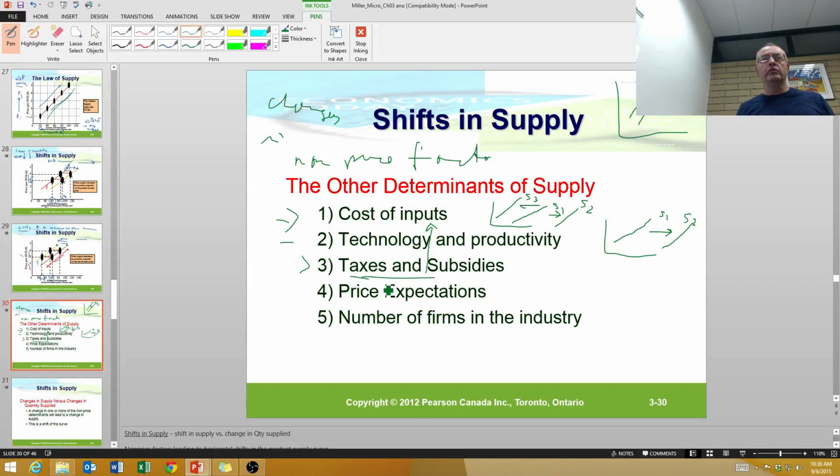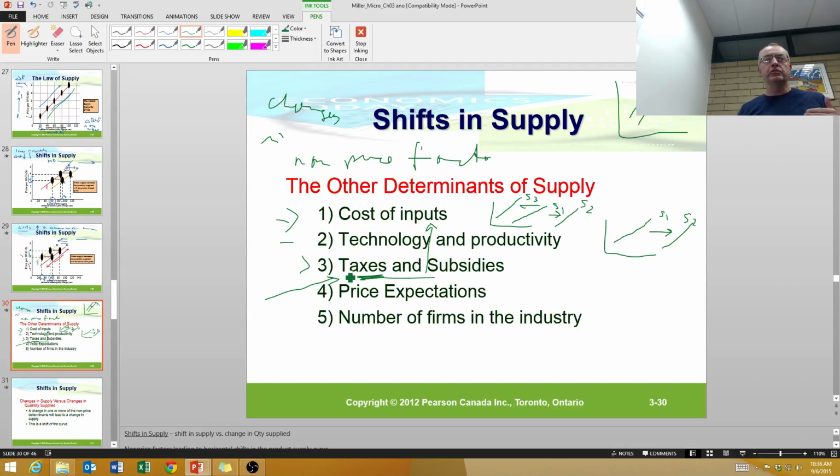So if one of those cost increases is an increase in taxes, the government increases the CPP and EI premiums required of employers on employees, or the government increases the sales tax, or the government increases some other taxes on raw materials.